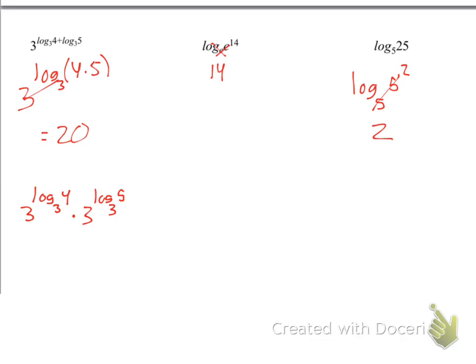Because those bases are the same, I would take their exponents and add them. But now they're individualized, right? Gone. What does that equal? 4 times 5 equals 20. Two different ways to do the exact same problem. Awesomeness.